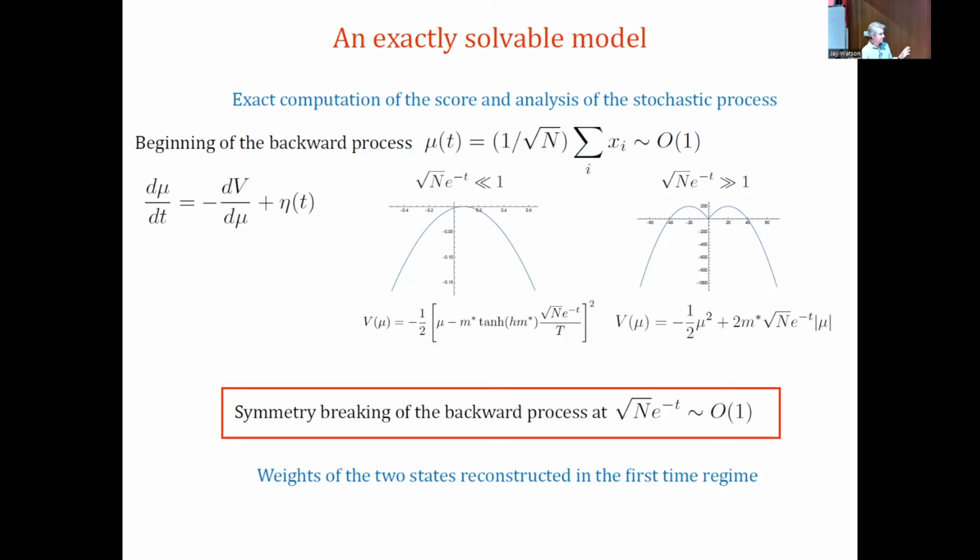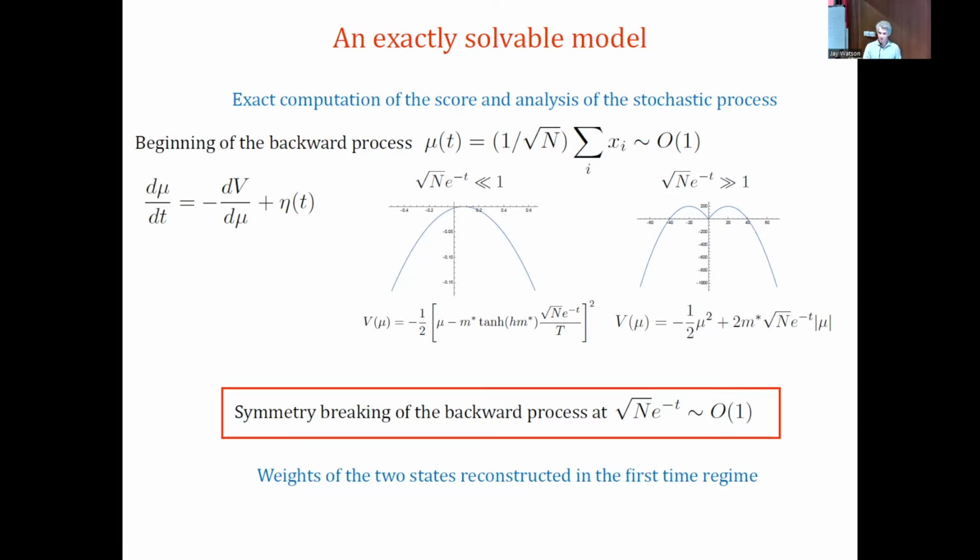But what is important is to see that to reconstruct the weights in a good way, the model has to work very well at the very beginning of the backward process. So this is when everything is decided in terms of the symmetry breaking and the weights of the different classes in the generative process.